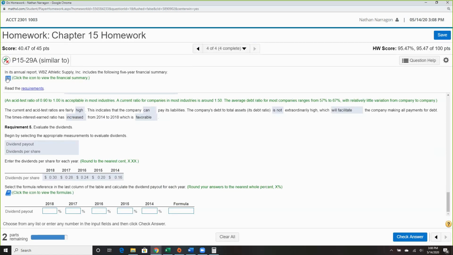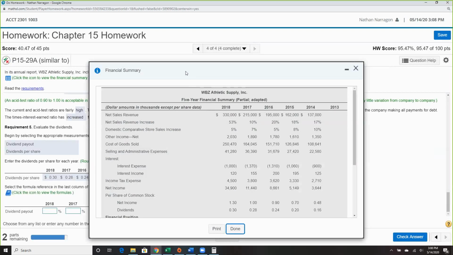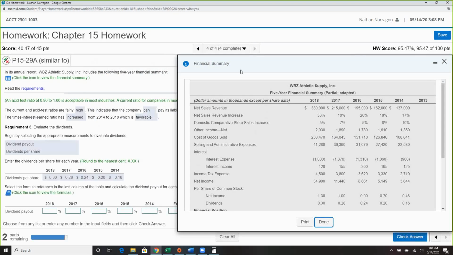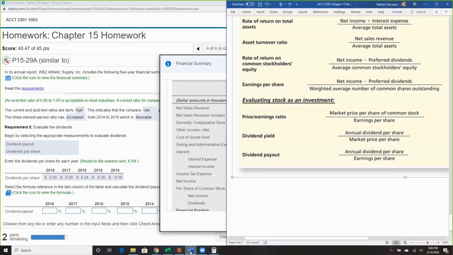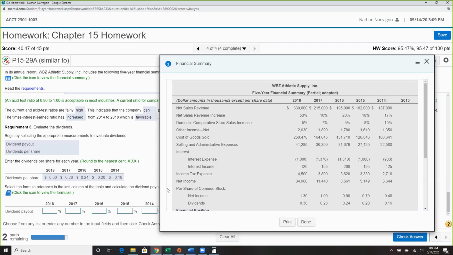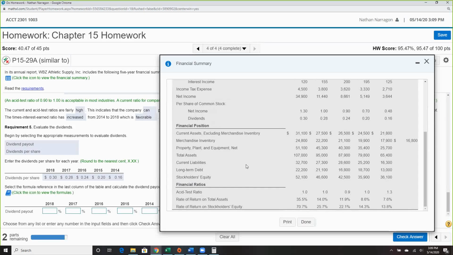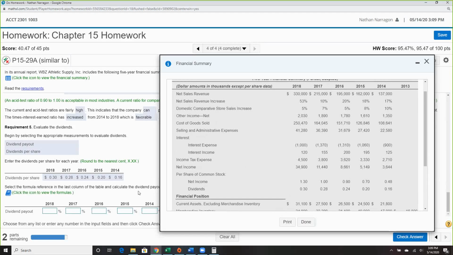So back here. And of course our formula is annual dividends per share divided by earnings per share. Okay.